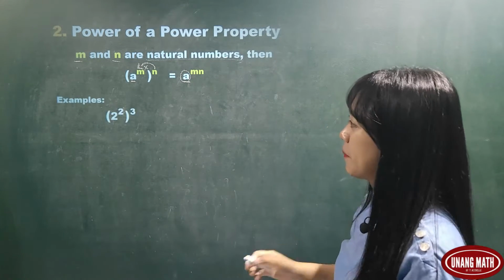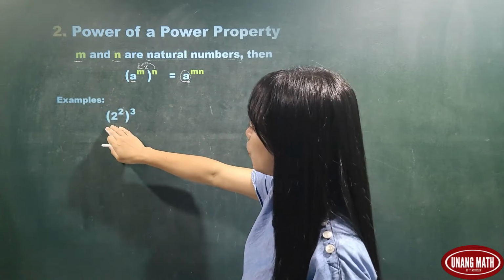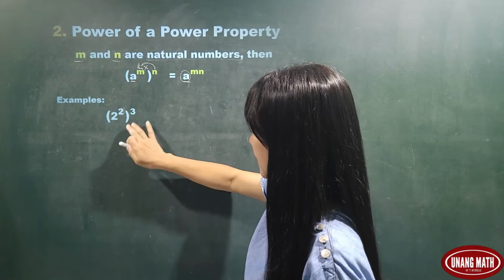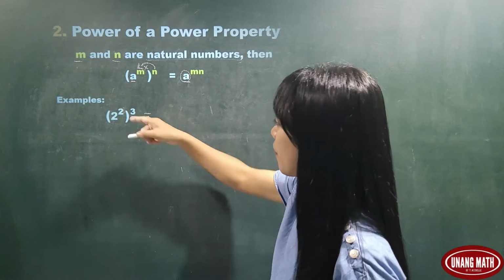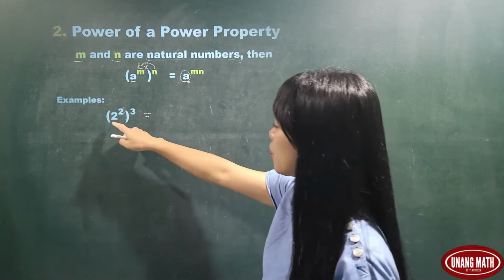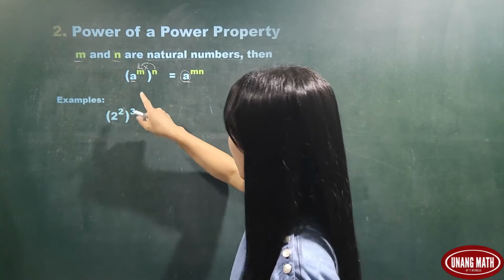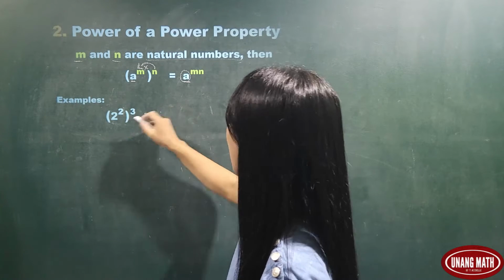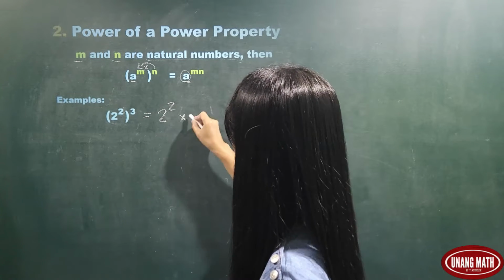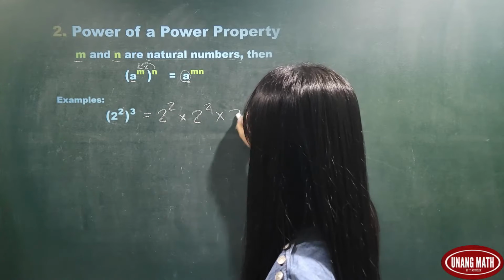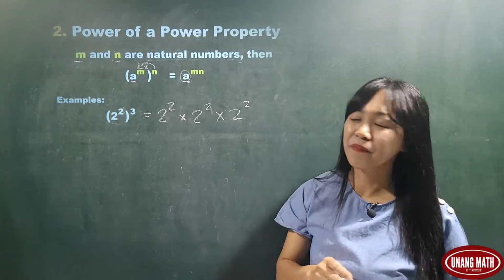Let's give an example. We have here 2 squared inside the parenthesis and this is raised to the power of 3. Okay, actually, 2 squared raised to the power of 3, this is equal to 2 squared times 2 squared times 2 squared.